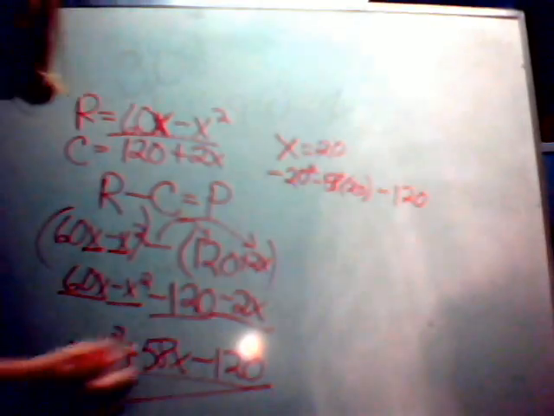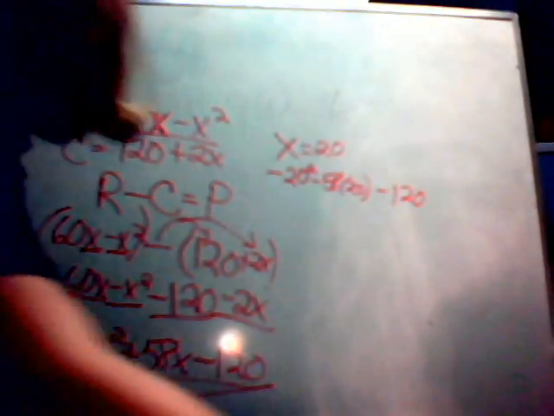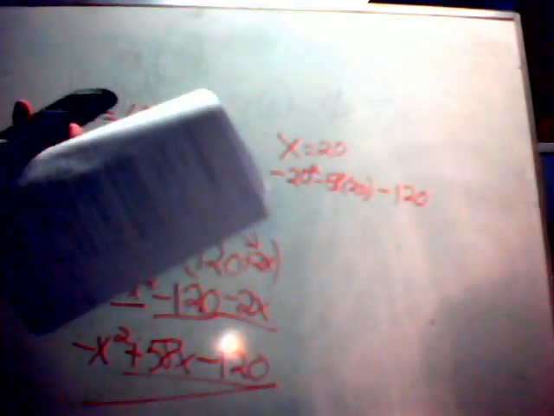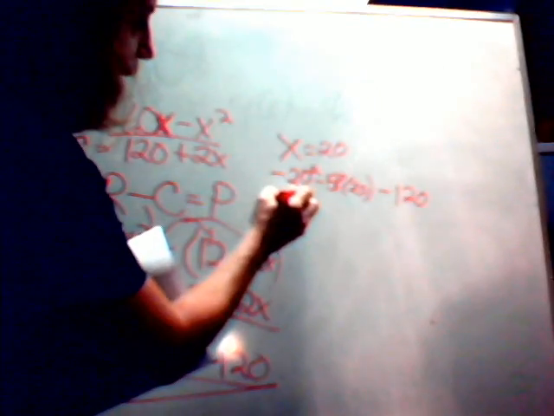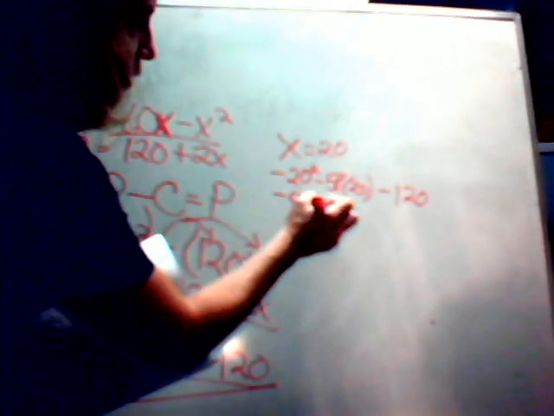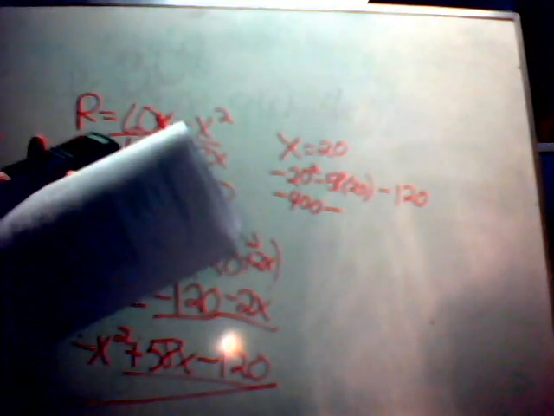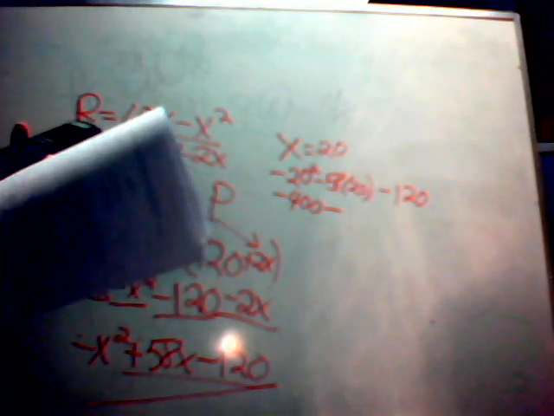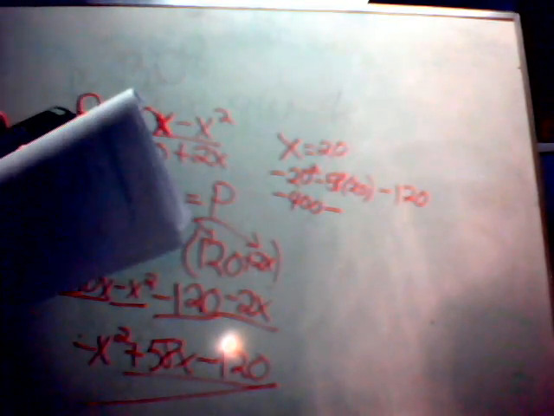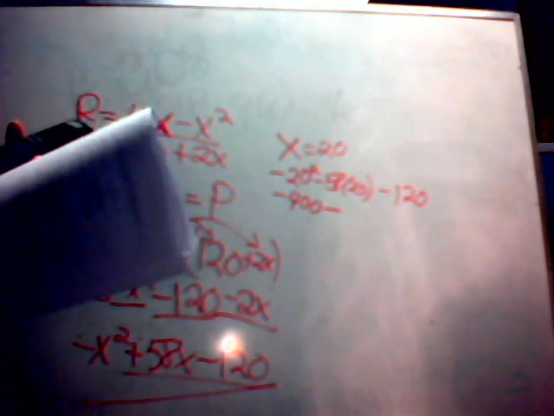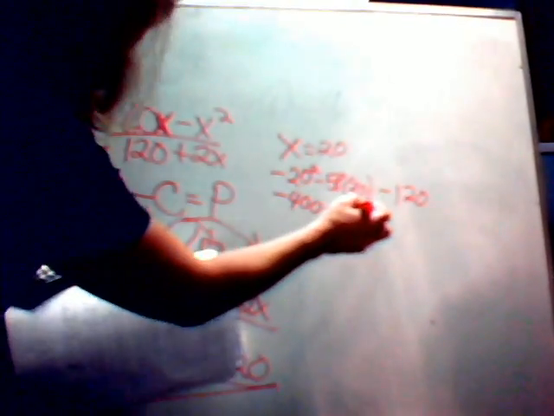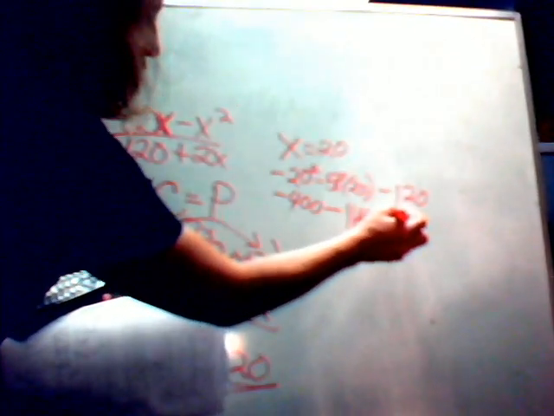Let's see what we get. Grab your handy dandy calculator. Here's mine. Voila. Okay, I know 20 squared is 400. So we have negative 400 minus, now this sounds way too negative to me. 1160 minus 120.